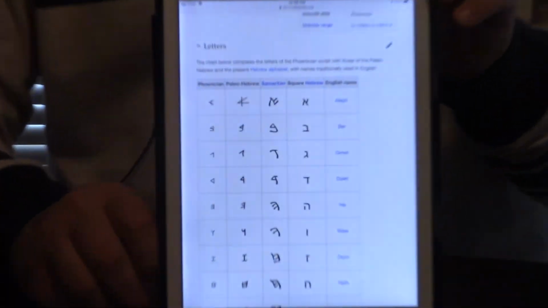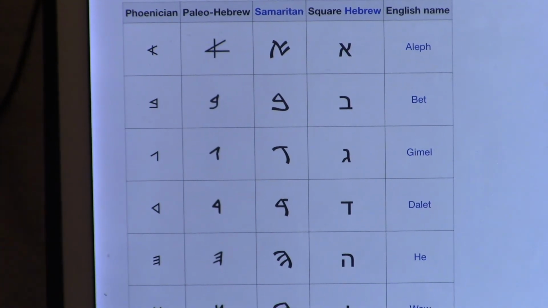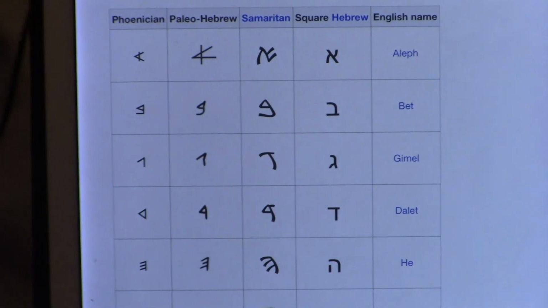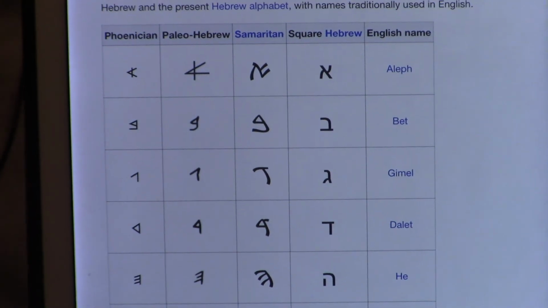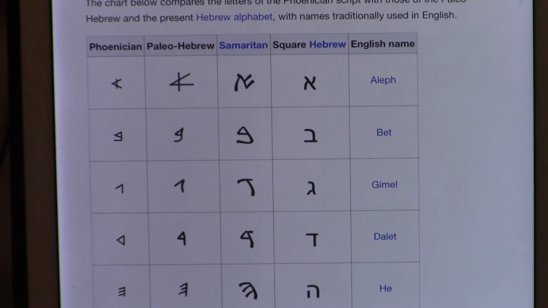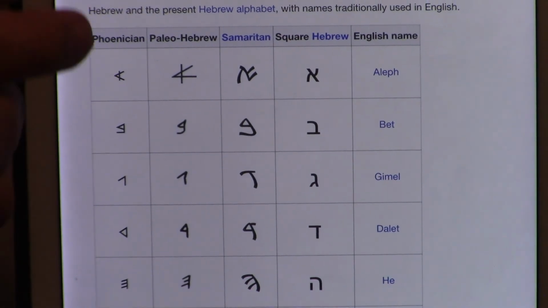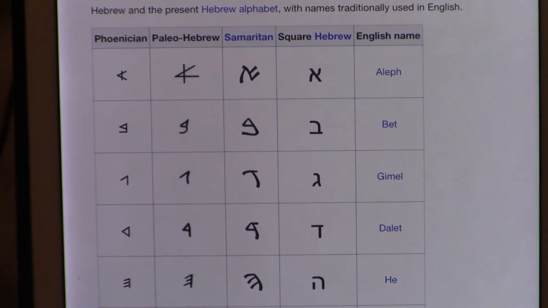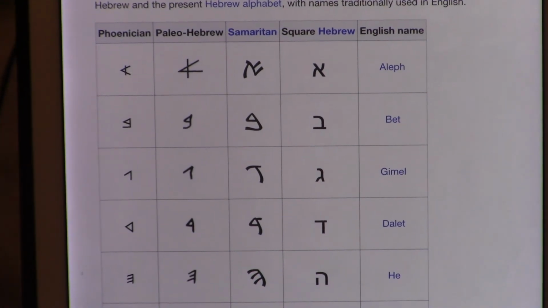And so then you'll see the C, which is Gimel. Now again, just turn it around, because Hebrew is written the exact opposite of English. So look in Paleo-Hebrew and Phoenician at the Gimel. Now, our C, you just expand that out, take away the point.